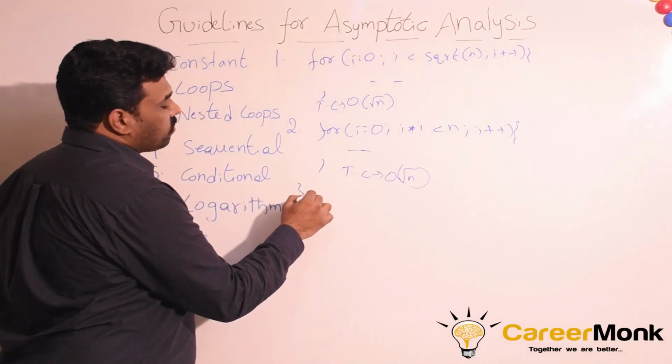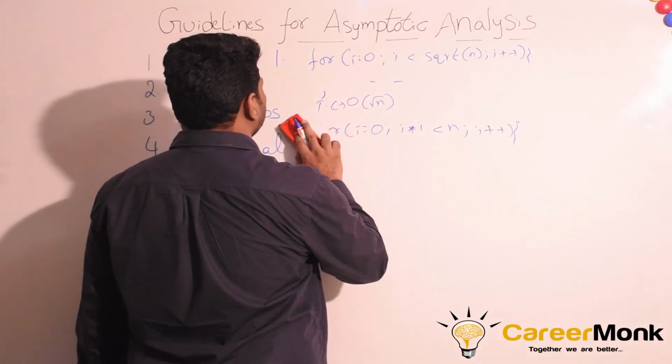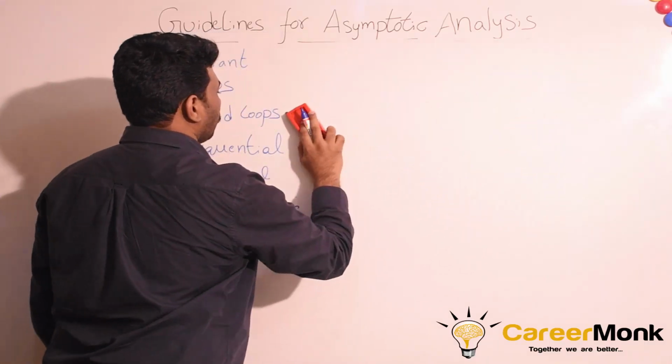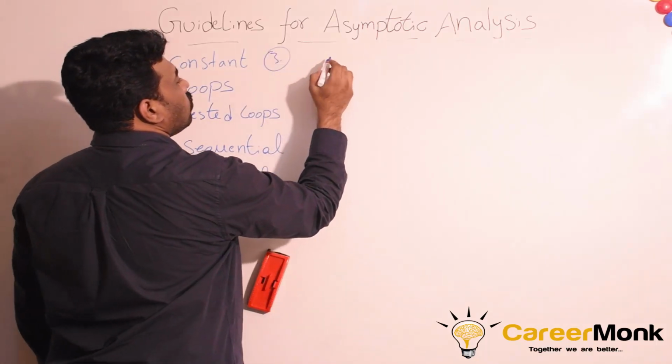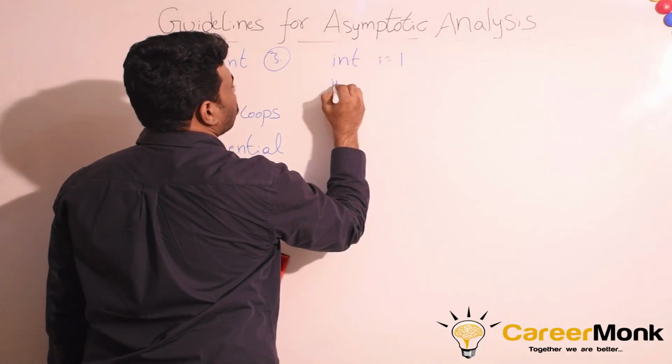There is yet another way of getting the square root of n complexity. Let us see that. i is equal to 1.